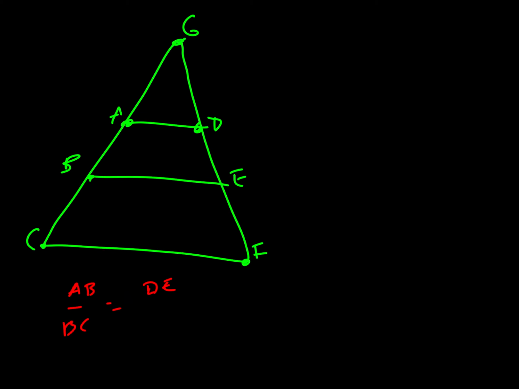So using the side-splitting theorem, we look at AB, BC, and DE, and the missing piece would be EF.